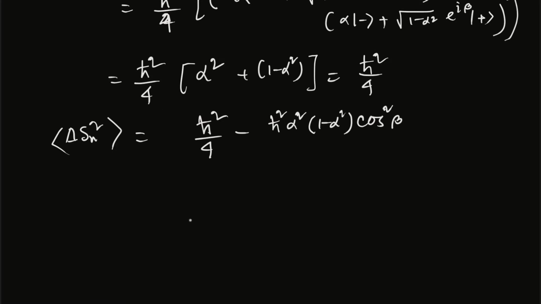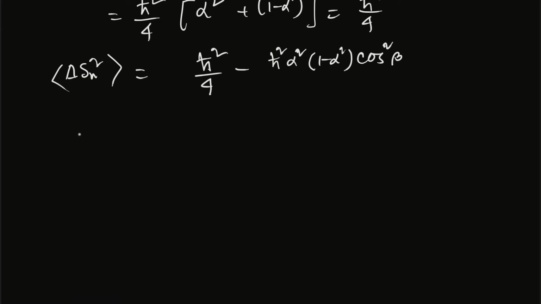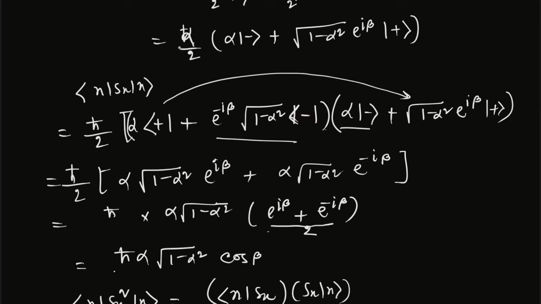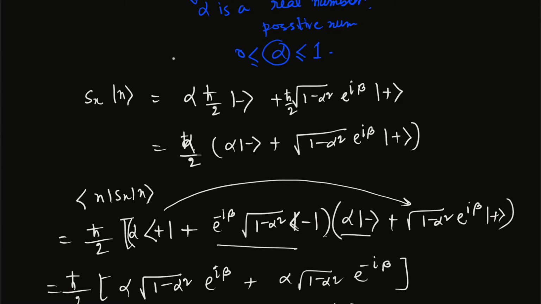Now let us calculate this for Sy. At first we have to calculate the expectation of Sy, so let us operate Sy on the state |n>, that means Sy on alpha |+> plus root of (1 minus alpha squared) e to the power i beta |->. We know Sy operating on |+>, let us check in the previous question.